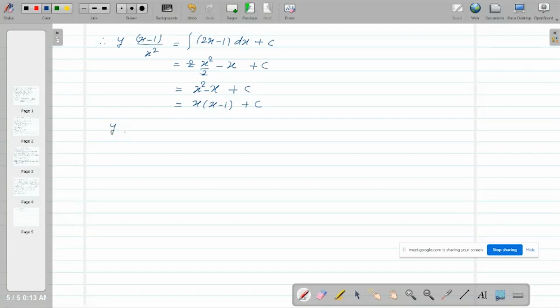So y equals, dividing by this factor, this becomes x cube plus x square c upon x minus 1, which is the required general solution of the given differential equation.